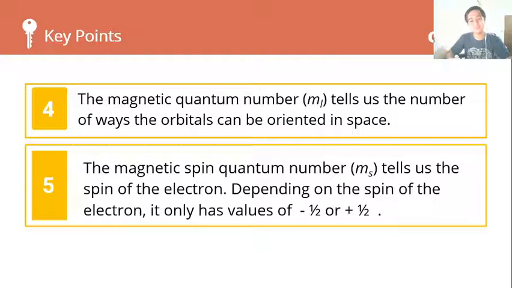The same applies with electrons. No two electrons can have the same set of 4 quantum numbers. So the 4 quantum numbers help us see the probability of finding a particular electron in the atom.